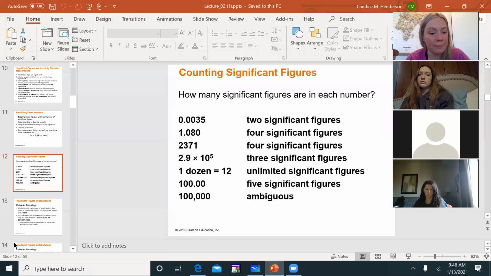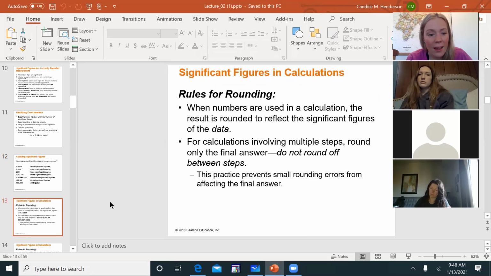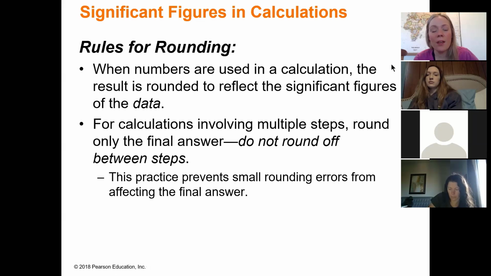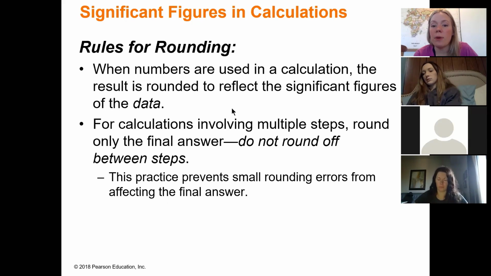So let's talk about rounding. These are some rules that we learn in maybe 2nd or 3rd grade, but it's always good to review them. So, rules of rounding, if we're rounding in a calculation. When numbers are used in calculations, the result is rounded to reflect the significant figures of the data.